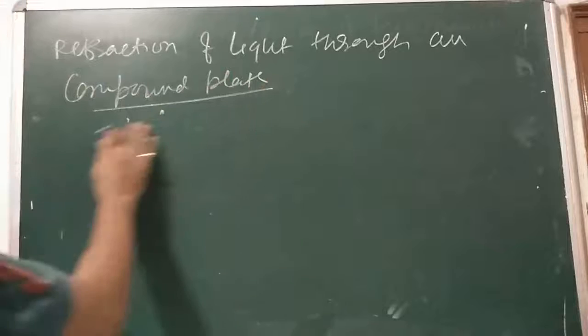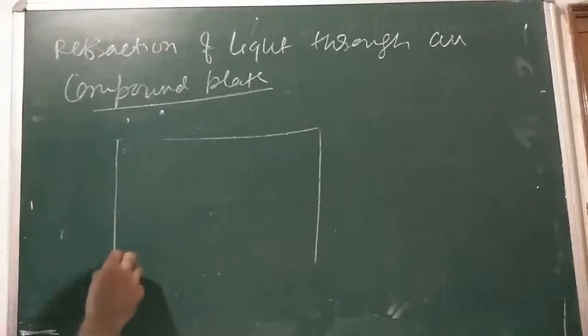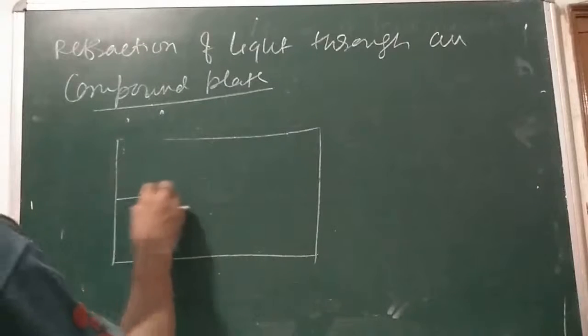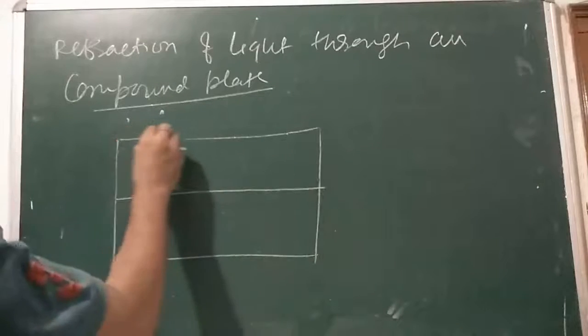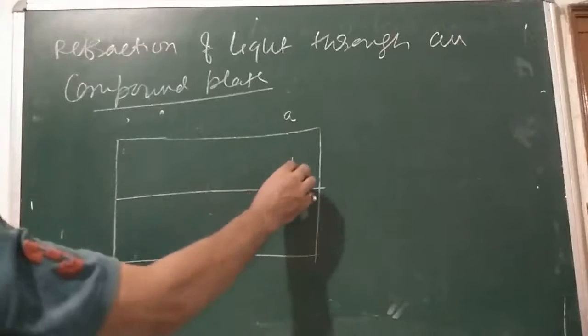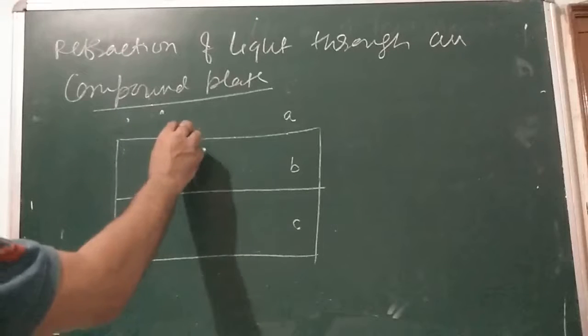So just draw the diagram. Here is the compound plate, say like this. Say this is medium A, here is B and here is C. So we are taking 3 points.